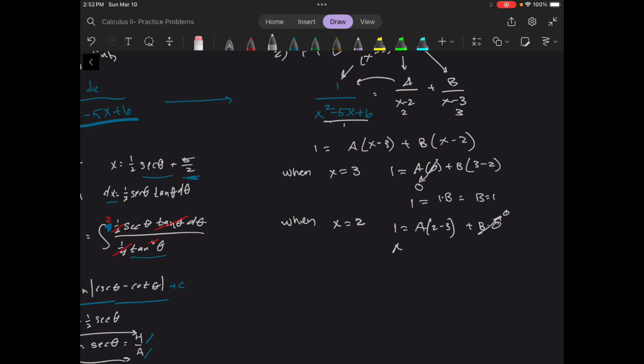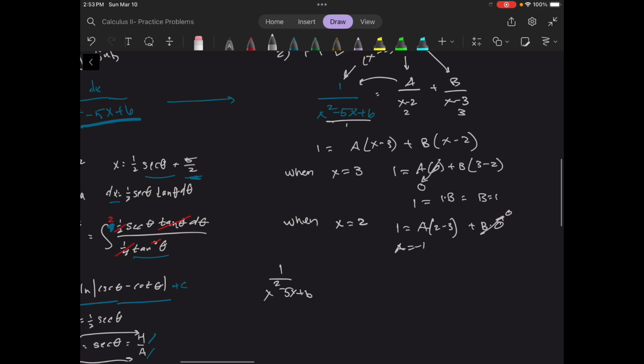So then you have a equals negative 1. So we know what a is and we know what b is, so you could say that 1 over x squared minus 5x plus 6 is the same exact thing as negative 1 over x minus 2 plus 1 over x minus 3. This should be a minus 2, right?